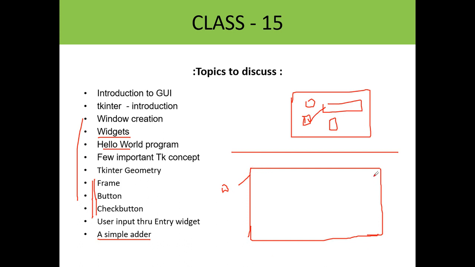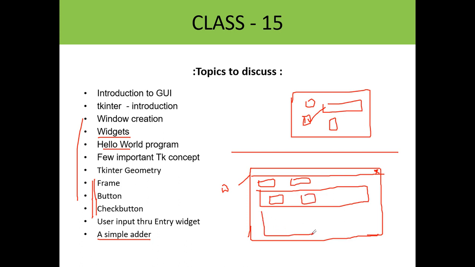Inside this will actually hold everything for your application. Probably you will have a cross button here. If you press the cross button, the application will be shut down, just like that. So that is the main window. First you have to create that window, and inside that you can put some components like a text box, some buttons, or you can have another frame. Inside that frame you can put some components.